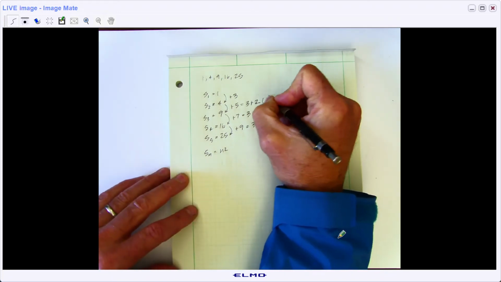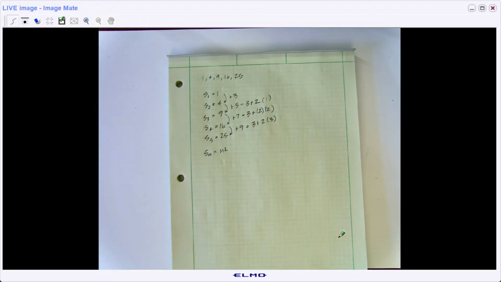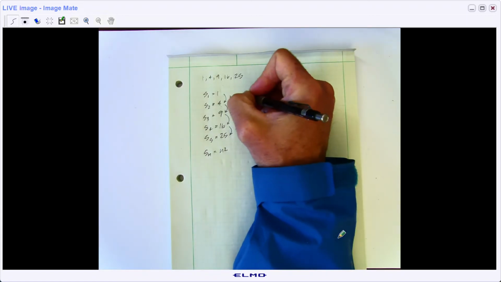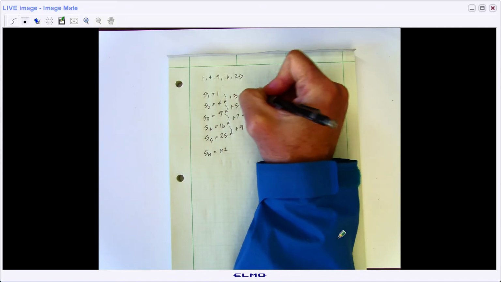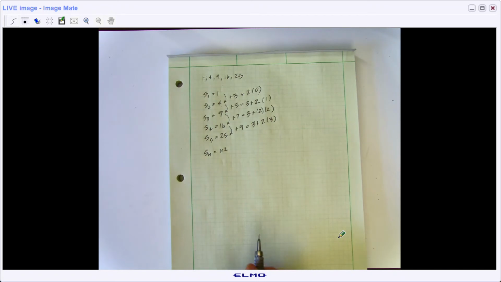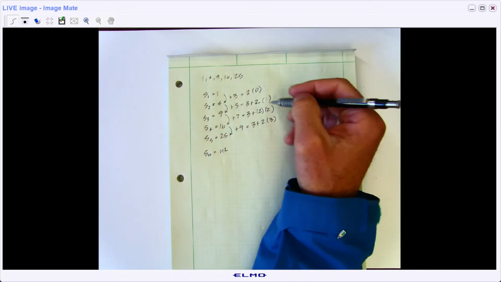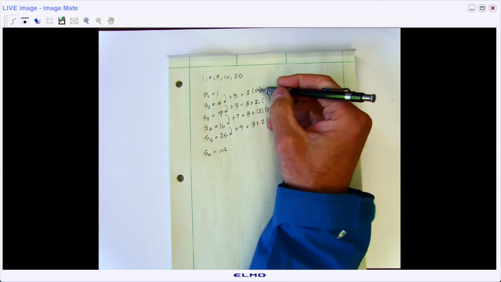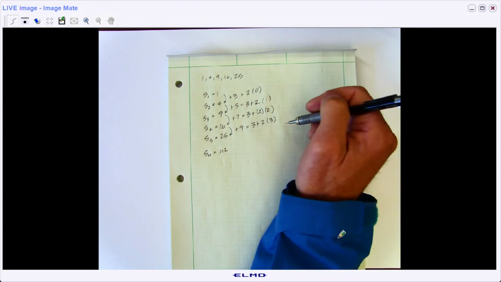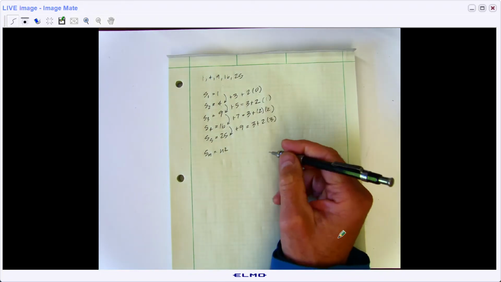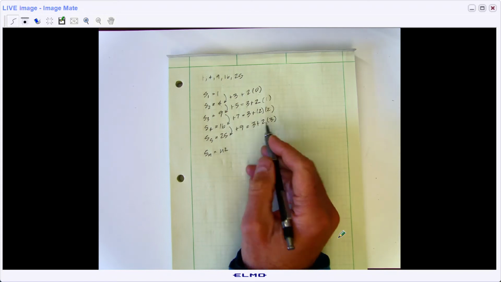So it looks like what's happening here is I'm adding 3 to everything and then some multiple of 2, right? And it gets a little bit interesting. The only thing that's changing are these 0, 1, 2, and 3. The 3 plus 2 is constant. So if I want to know what the next term in the sequence is, I have to add 3 plus some multiple of 2.